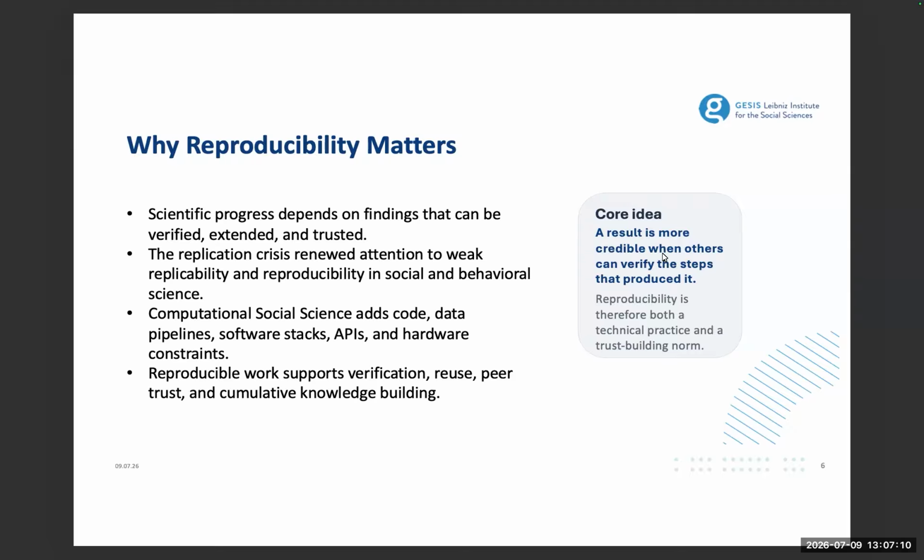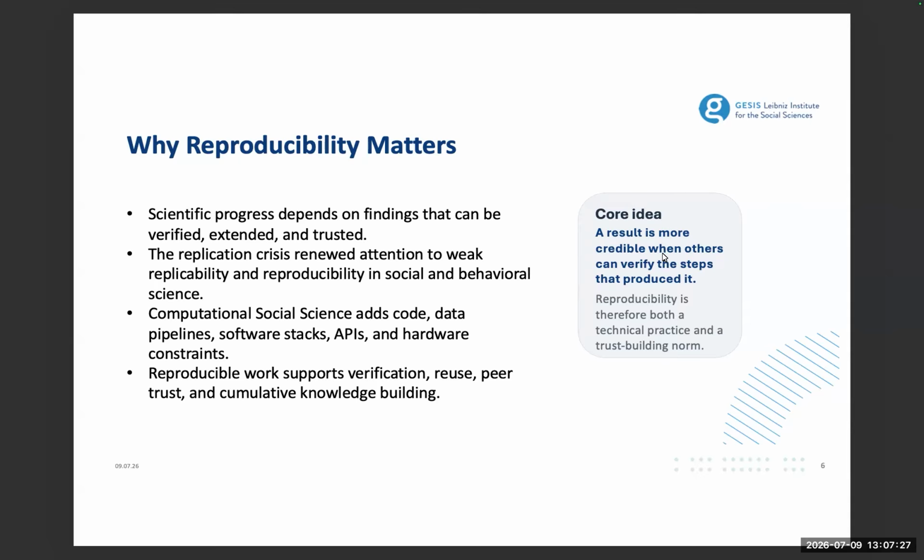However, the replication crisis, already a few years now, really renewed attention on whether that is really the case, in particular in the behavioral and social sciences, but it came originally from psychology.